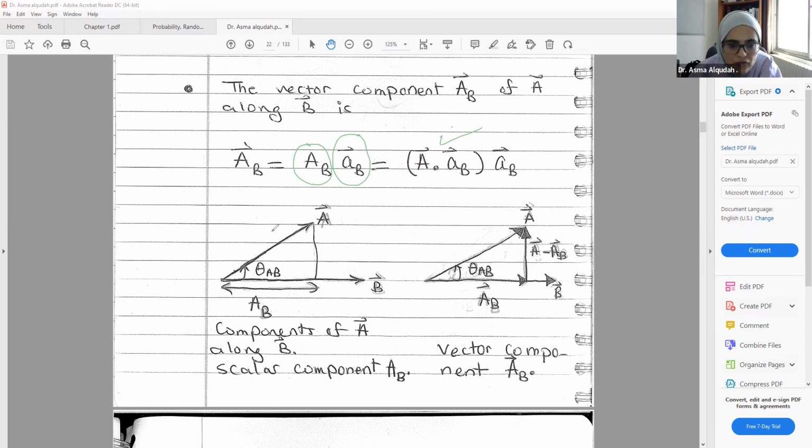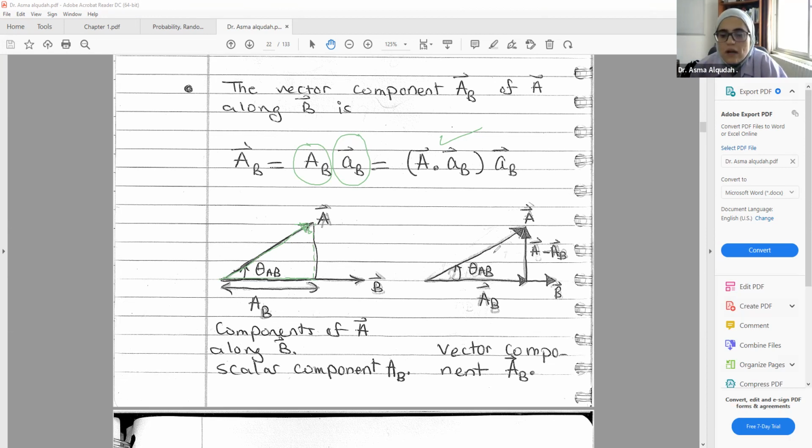here in this graph, we see this is the vector A. If we want to find its scalar projection onto B, we have this projection. So this is A sub B as a distance, as a straight line.